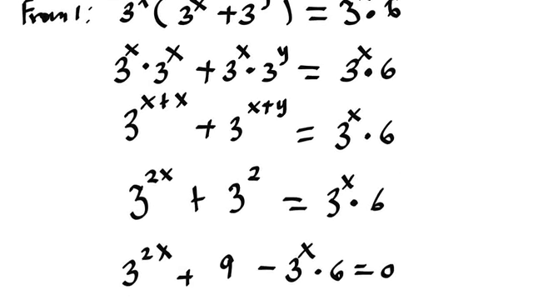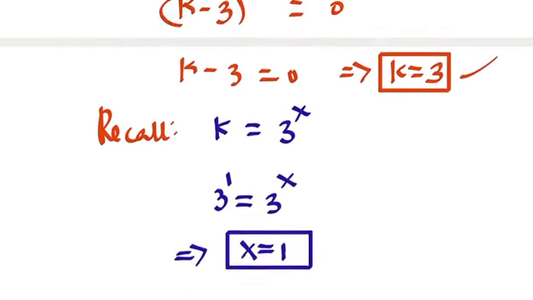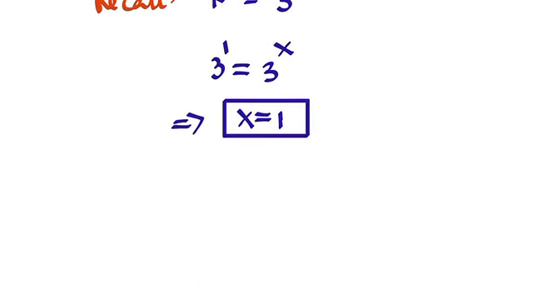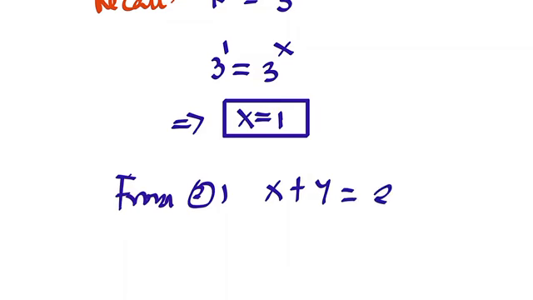So now, but don't forget that from the question above, we are given both x and y. Alright. So now let's say from equation 2 up. From equation 2 that says x plus y equals 2. Understood? So anywhere we see x, we put 1 there.